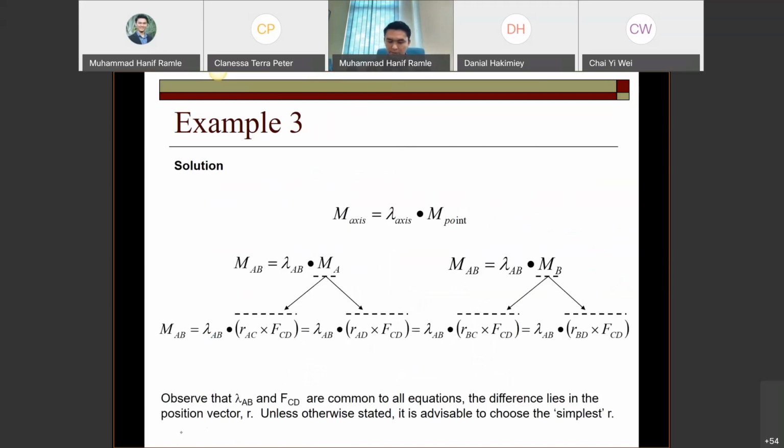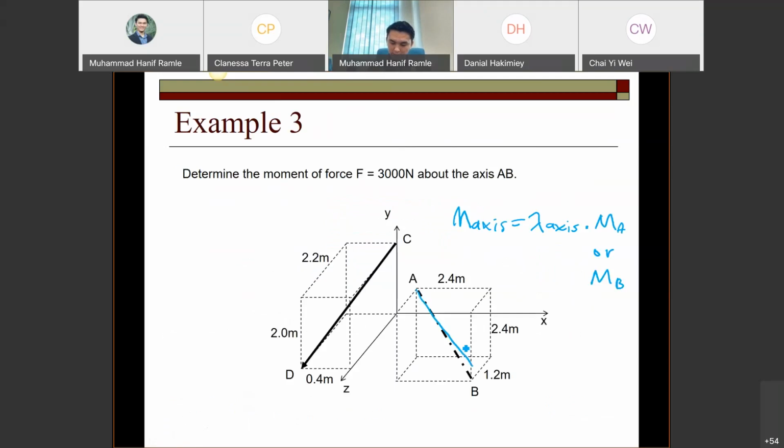We have this definition, M axis equals lambda axis dot M of a point, and you can have two different moments of a point, either MA or MB. The lambda AB will be similar because we have only one axis, AB.